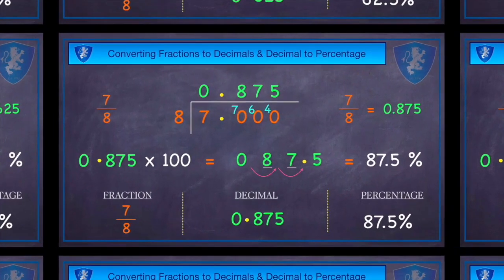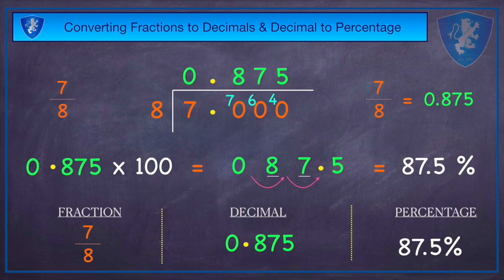Now, the 7 over 8 is the next one. So 7 divided by 8. Now 8 won't go into 7, so the 7 isn't used, so we take it forward here. The next number is 70. And 8 times 8 is 64. And you have a remainder of 6, make it 60. 8 times 7 is 56, and a remainder of 4. And the next number is 40. 8 times 5 is 40. Divides exactly.